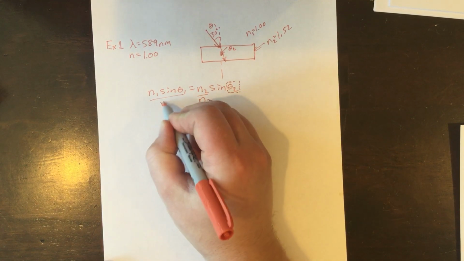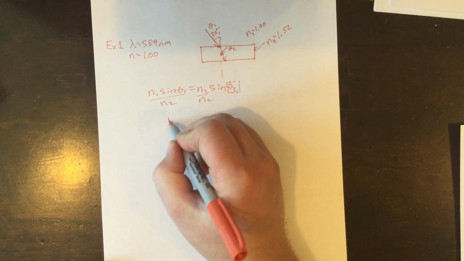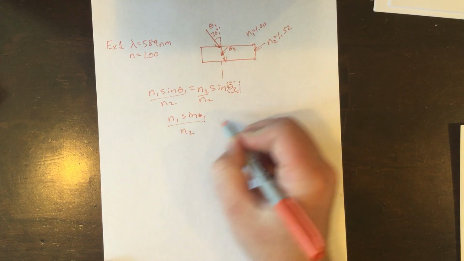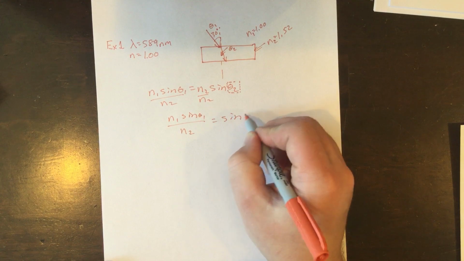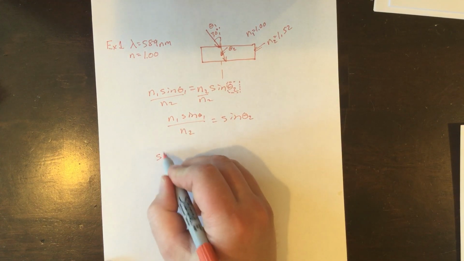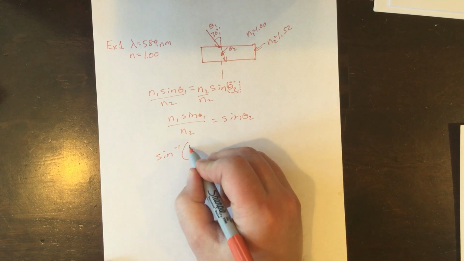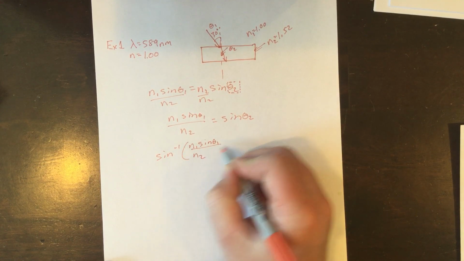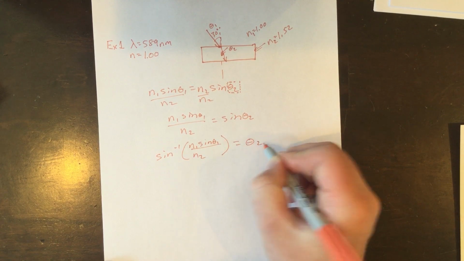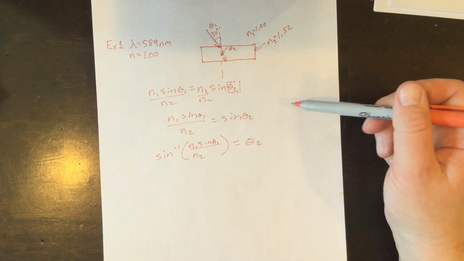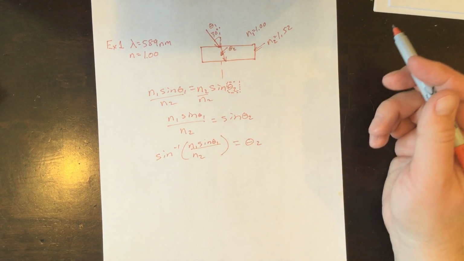So we divide by n2, and we get n1 sine of theta 1 over n2 equals sine of theta 2. And then I'm going to do inverse sine of each side. Some people will just solve it like this and just say sine of theta 2 equals. That's not solving for the angle though.